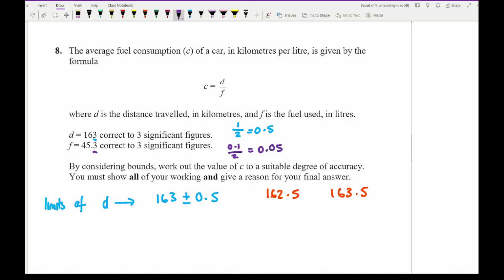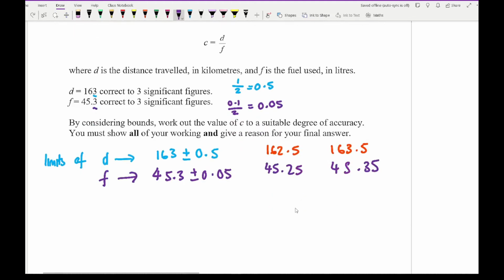So to find the limits of F, I'm going to do 45.3 plus or minus 0.05, which then would give me an upper and lower bound of 45.25 and 45.35.